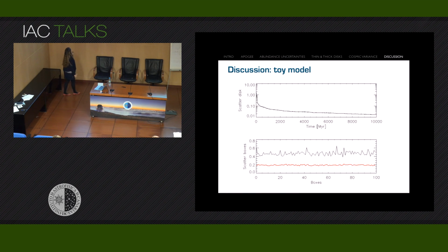And what you find, the black line is if you take into account all times, and the red line is if you only take into account from 2,000 million years to the recent time. And what you found is the scatter in metallicity in some area, for example, the solar neighborhood, will be 0.2 dex, which actually fits quite a bit better with what we found when we measured it.